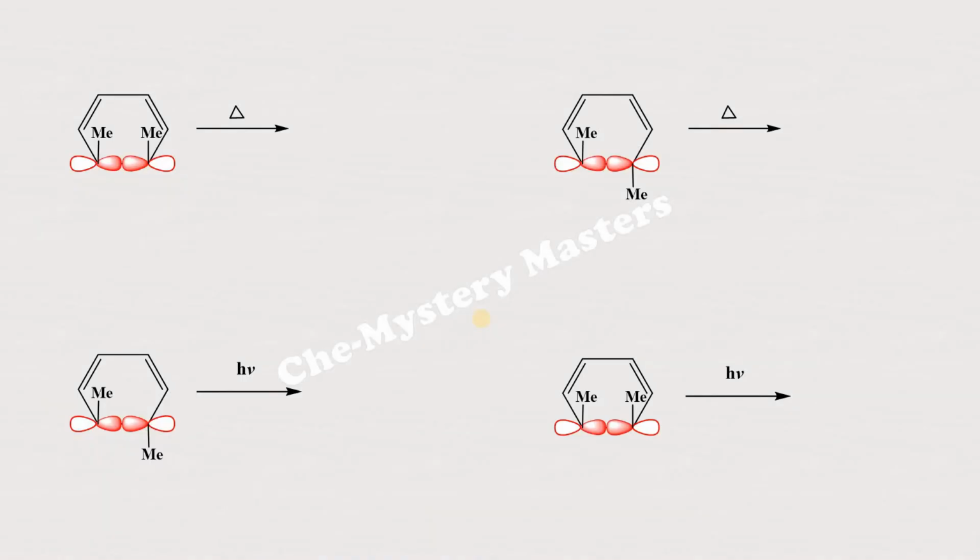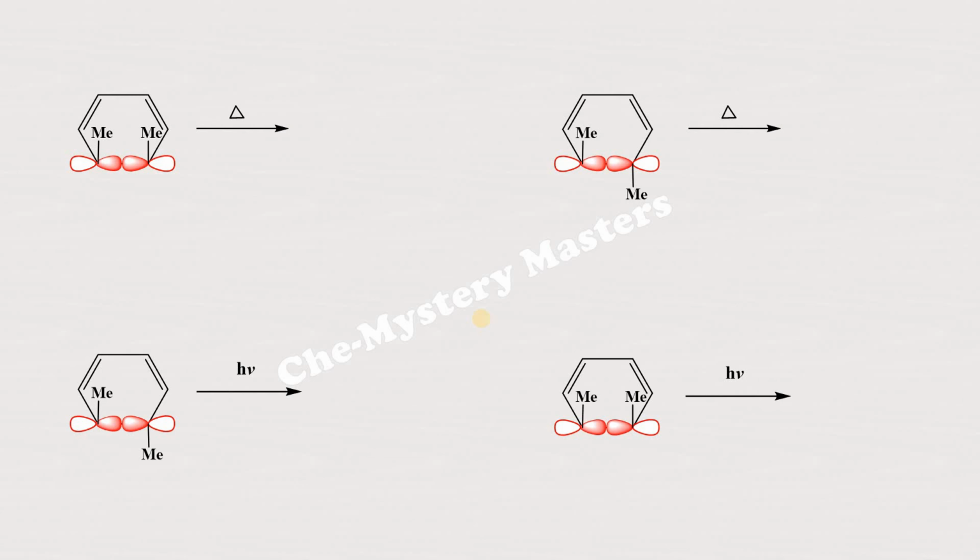Now we will take the example of opening of cyclic structures which have substitutions in them, and we will see that after the opening of the structure, when the 1,3,5-hexatriene molecule is obtained, what happens with these substituents, whether they go in the EE type of formation or in the EZ type of formation.